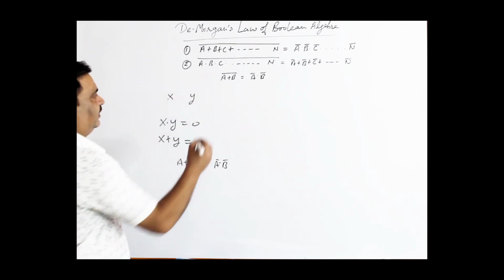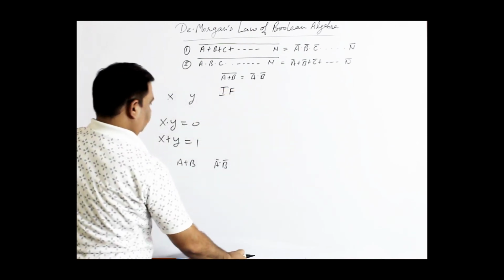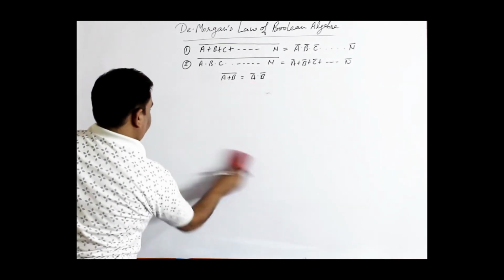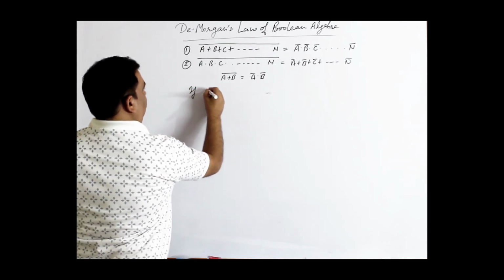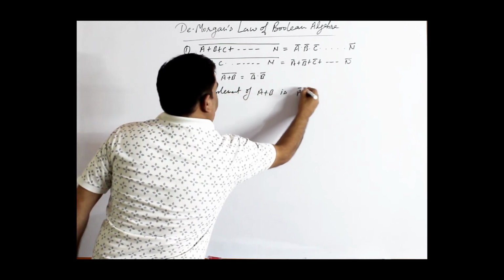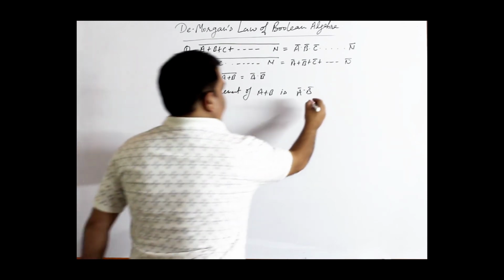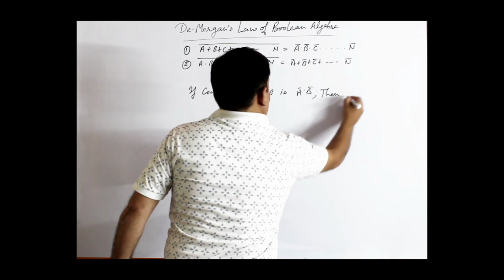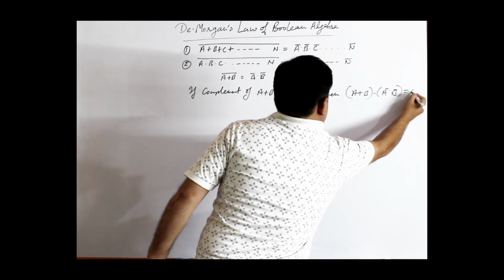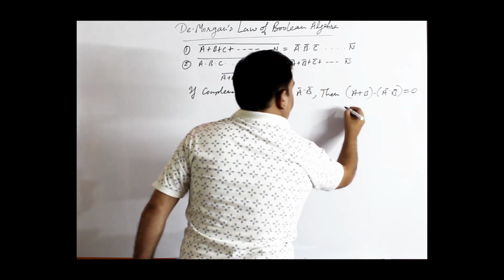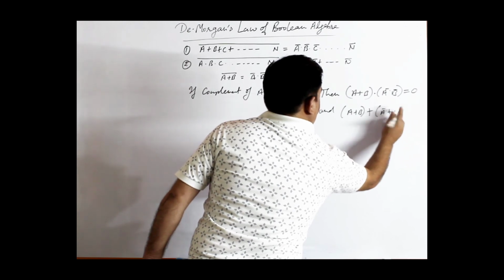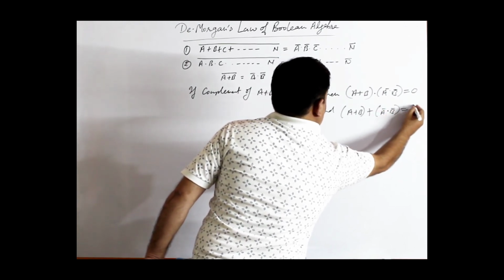So if the complement of A plus B is A complement dot B complement, then A plus B dot A complement dot B complement must be equal to 0, and A plus B plus A complement dot B complement must be equal to 1.